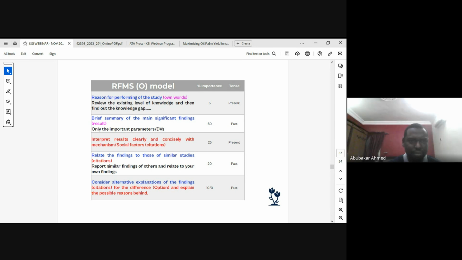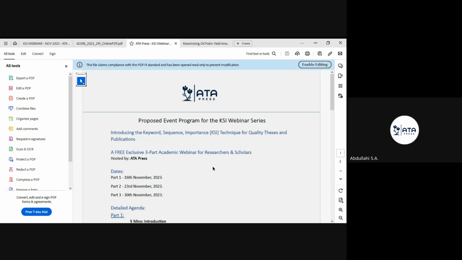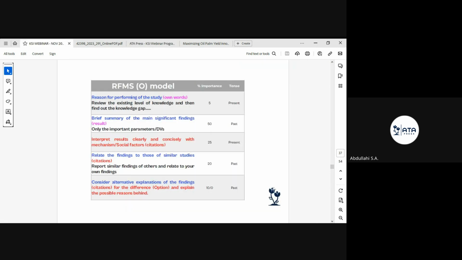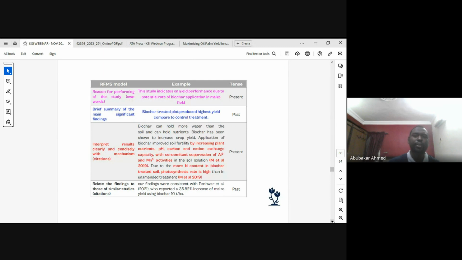I'm not able to move to the next slide. Okay, the slide is moving now. You can go back to the tab. It's okay now, right? Yes, yes. Okay.